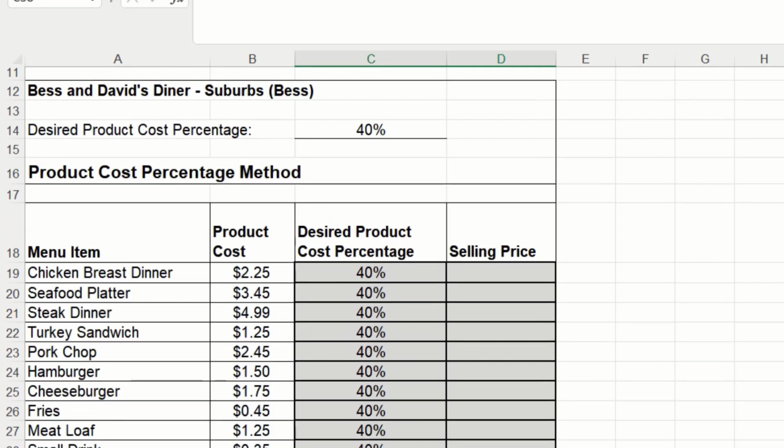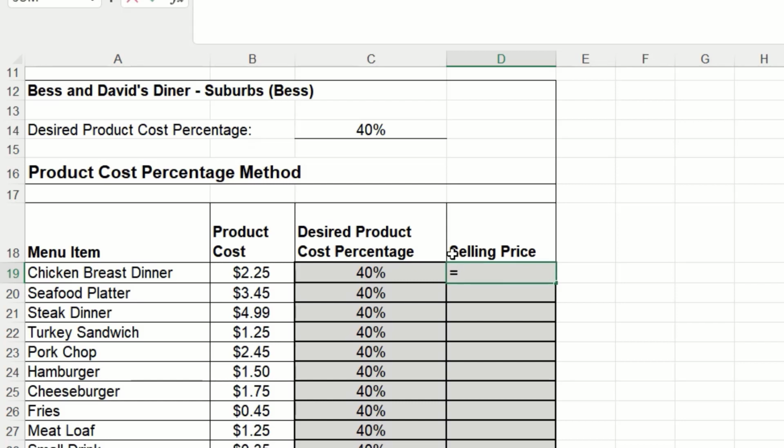All right, so we see here our desired cost percentage for the suburbs location is 40%. So we know that our product cost divided by our sales is going to equal our desired cost percentage.